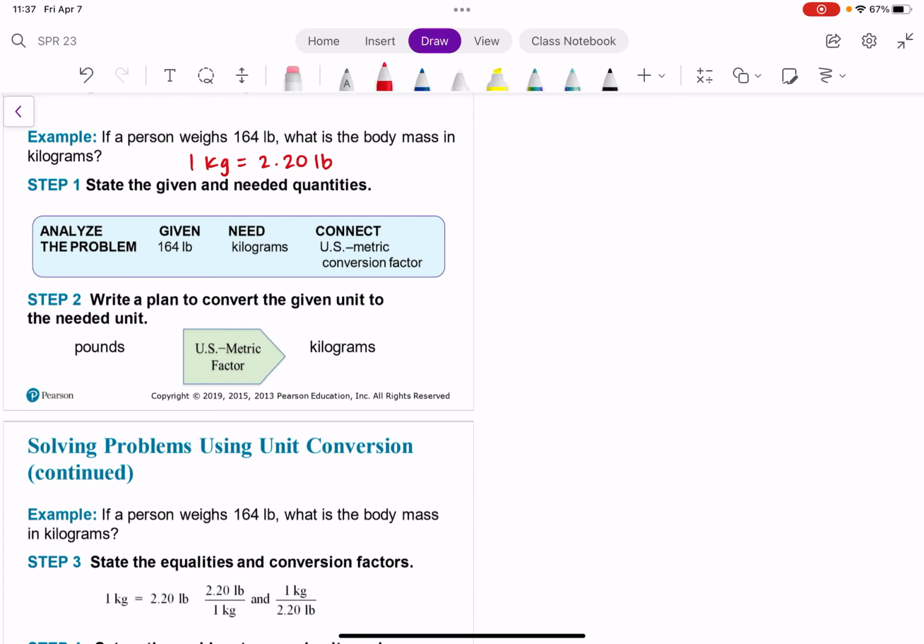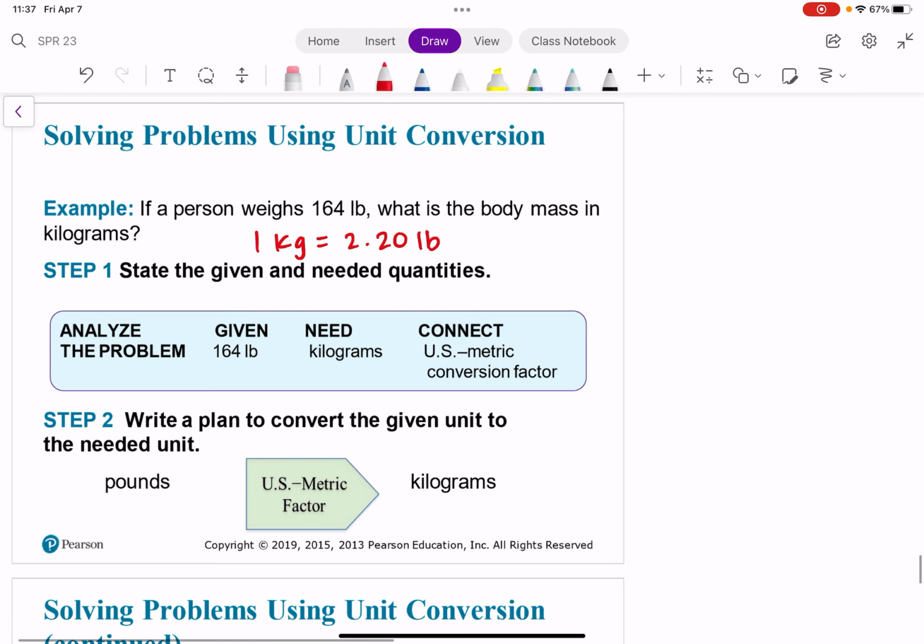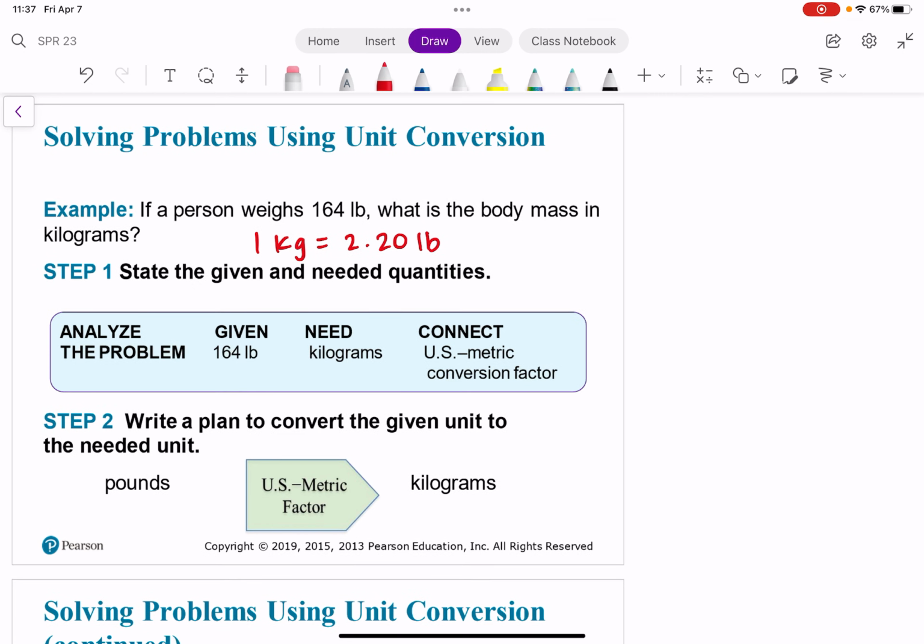And so let's go back up here. So if a person weighs 164 pounds, that's what we're given. We need to get to kilograms. So now it's a matter of how do I get kilograms from pounds? And to do that, you have to use this conversion factor here.